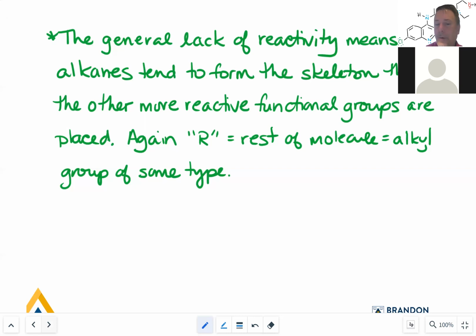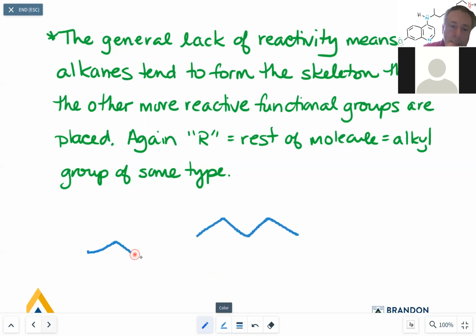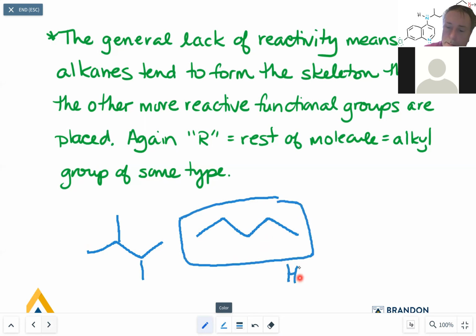There's a question about branched alkanes versus straight chained alkanes. Straight chained alkanes have higher boiling points and melting points.